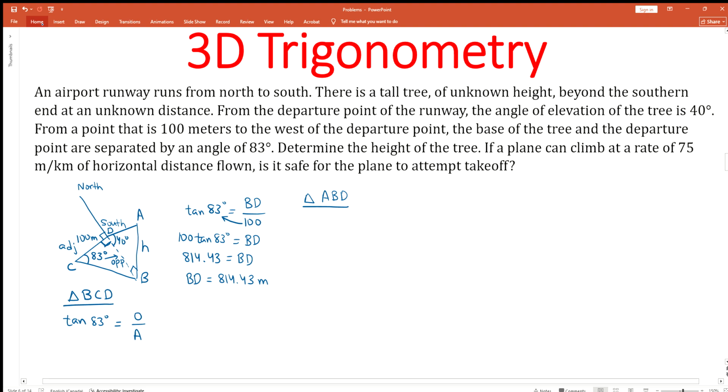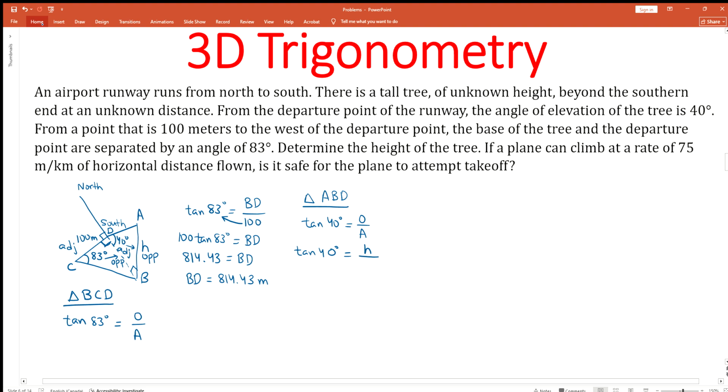This is a right angle triangle. We are given the measure of angle D. For the 40-degree angle, the height of the tree represents the opposite side, and side BD represents the adjacent side. So we can use the tan ratio to find the height of the tree. The formula for tan is opposite over adjacent. The opposite side represents the height of the tree.